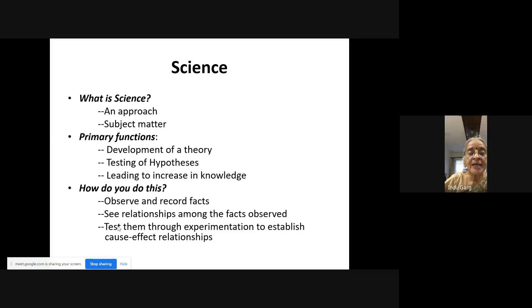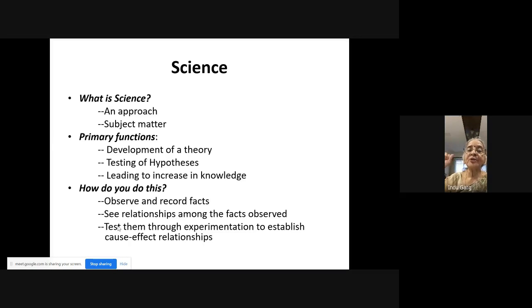All these fall under the methods or subject matter of science, isn't it? But when we say science is an approach, in other words, it is a scientific activity. It is how we approach any situation in our life, especially when we are trying to find solutions to problems. So our focus is actually going to be on science as an approach.